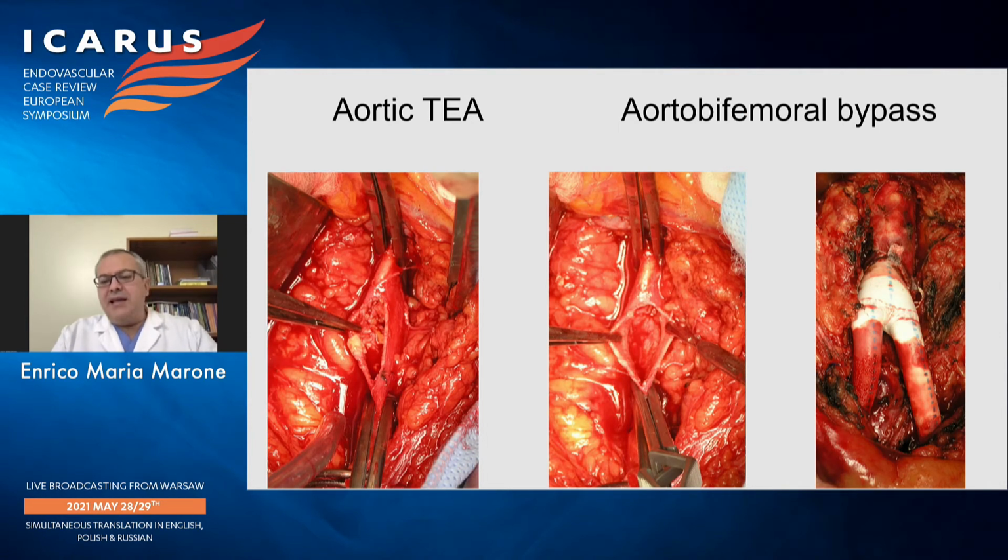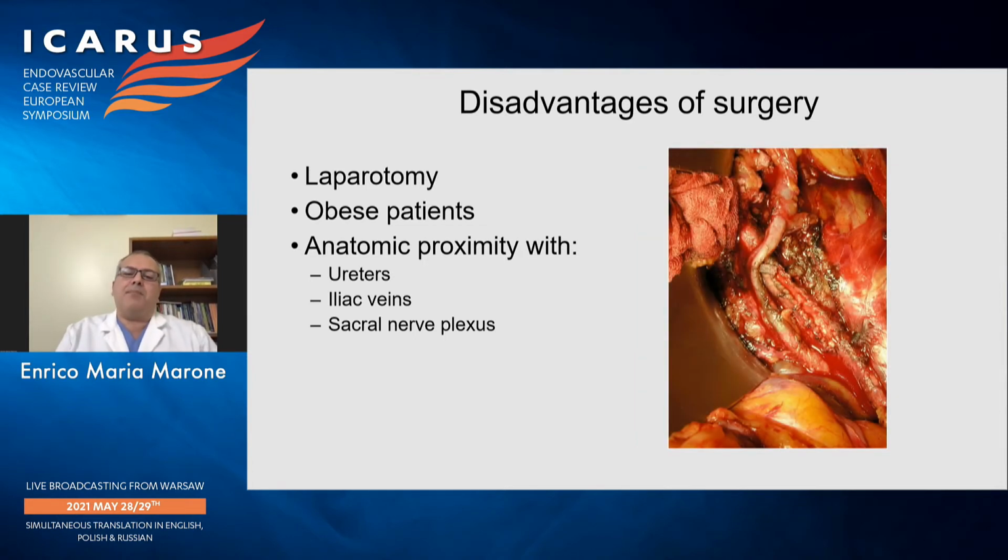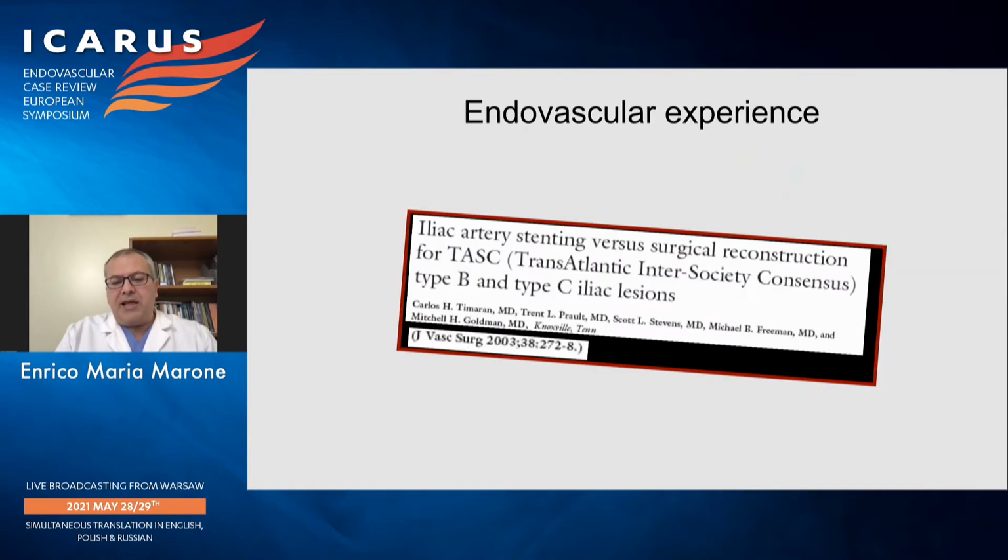This operation is actually performed only in selective cases because it presents some disadvantages, especially in obese patients, problems related to the laparotomy itself or the operation, including a lesion to the structures close to the iliac arteries and the risk of infection.